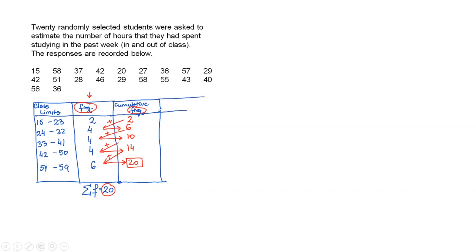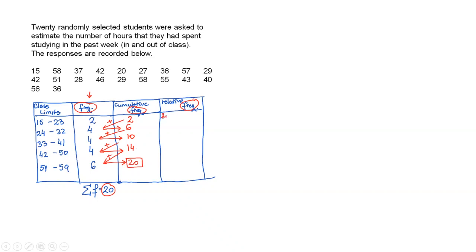Another column, and you've actually already completed this column in the first video. It's called relative frequency. Relative frequency, again, we are looking at the frequency column. It's about frequency. So look at the frequency column. And what we simply do is we form a ratio between what's in the first class and the total number.